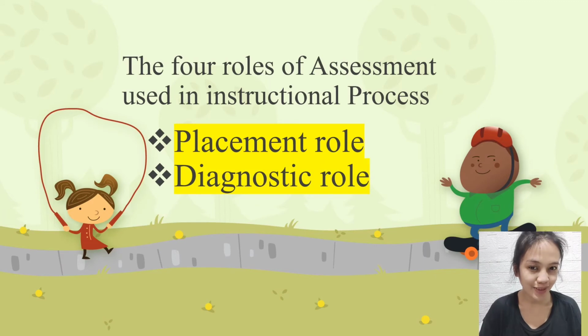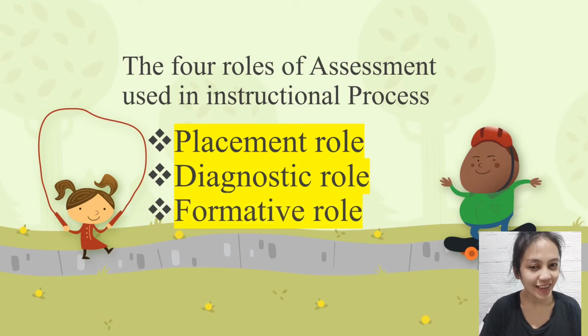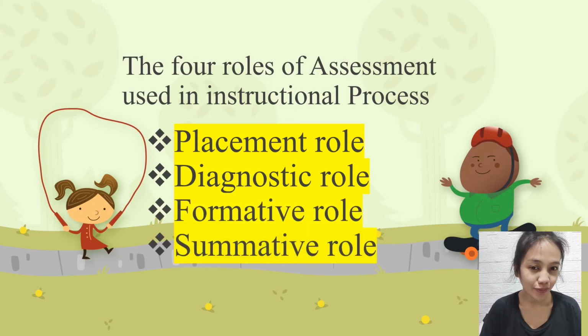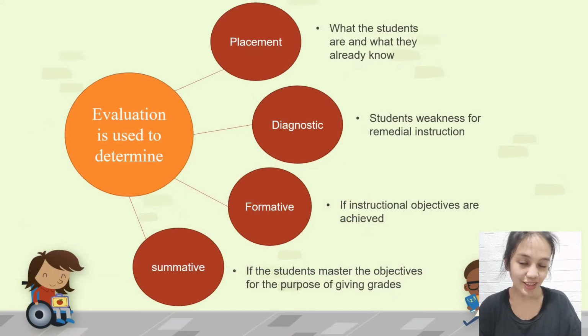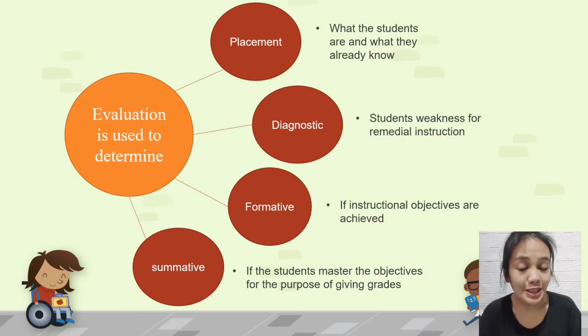Here are the 4 roles of assessment in the instructional process. First is the placement role, diagnostic role, formative role, and summative role. Why do we need to evaluate? In the placement role, we need to determine what students are and what they already know. In the diagnostic role, we need to determine student weaknesses for remedial instruction.